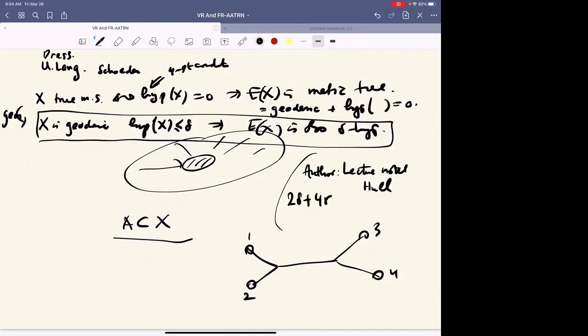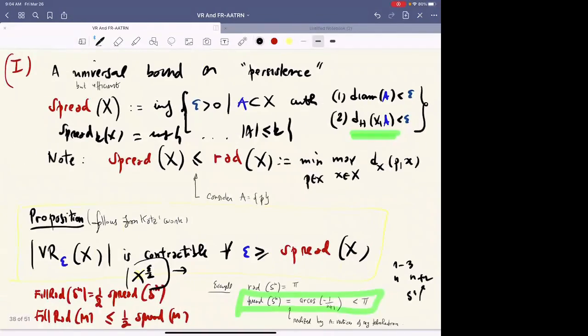But if it is a geodesic space, we have one other result that says that not only is E(X) delta hyperbolic, but it is at distance delta from X. I see. I think the contractibility can be obtained by this result. Yes, exactly. That's the one that I had here.